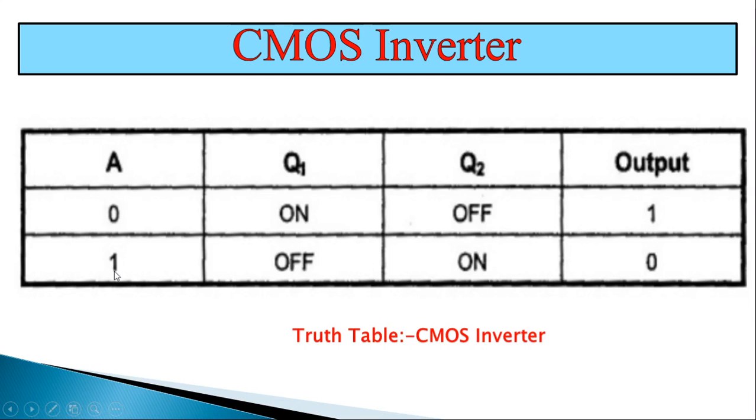And when A equal to 1, then high at the input makes the transistor Q1 off and transistor Q2 on, and it produces the output 0.